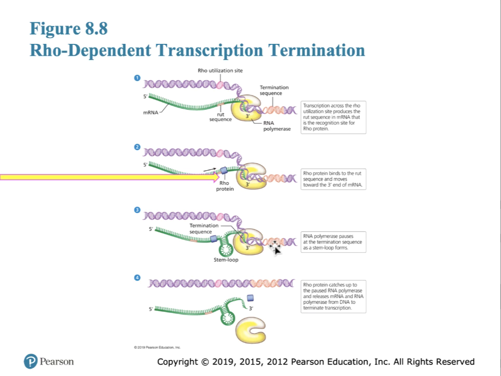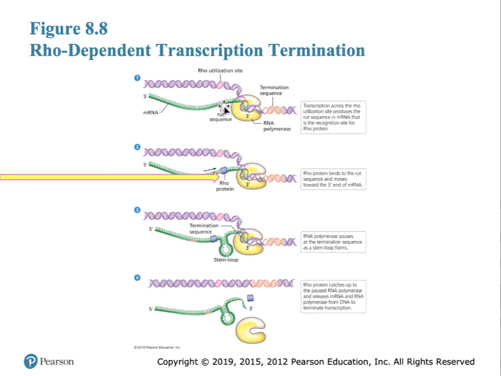The additional thing here is that just upstream of the termination sequence is a Rho utilization site, a special site on the DNA that then encodes the RNA. The RNA is then compatible with the protein Rho.